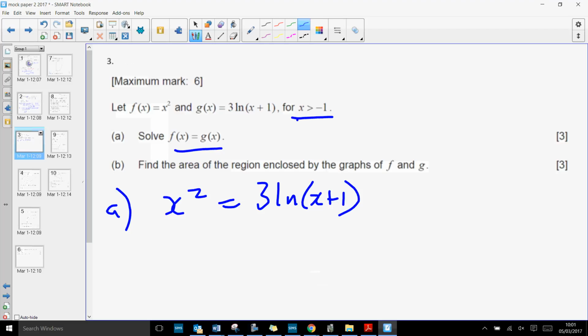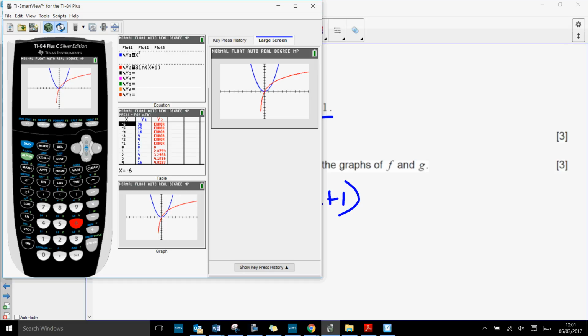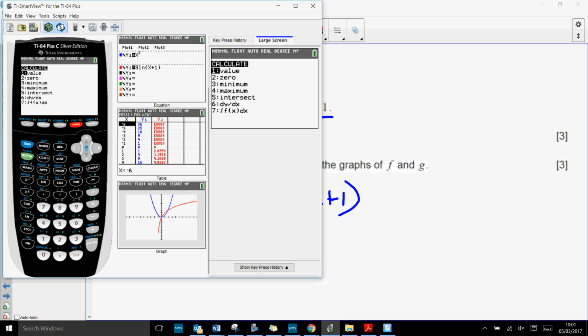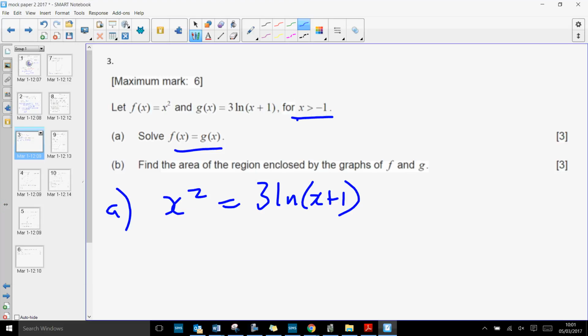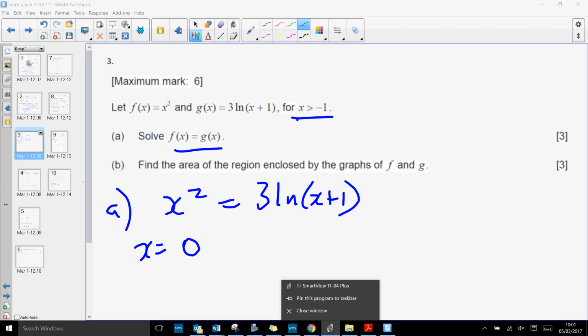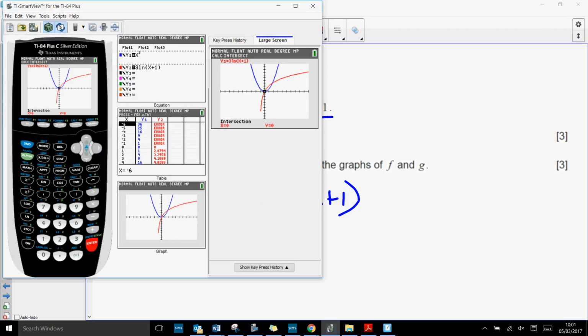Okay, so we need to solve those 2 points. So we go to second, calculate where they intersect. First curve, second curve, guess. So they intersect at 0, 0. And second, calc, scoot it over to near the other point.